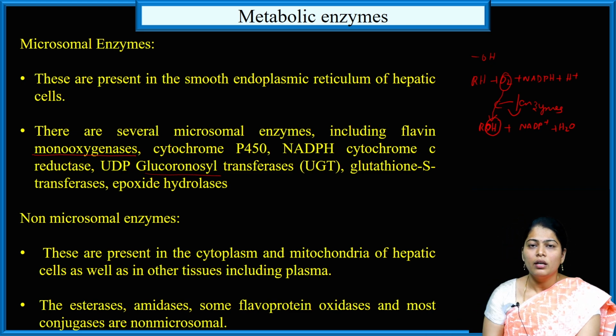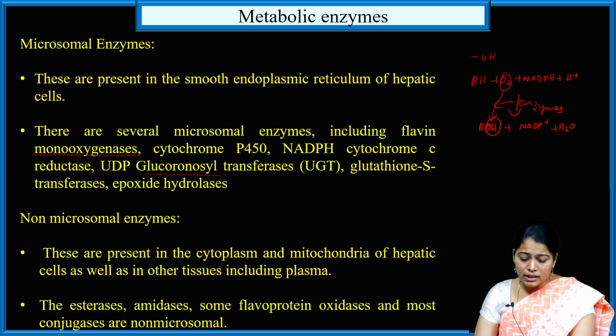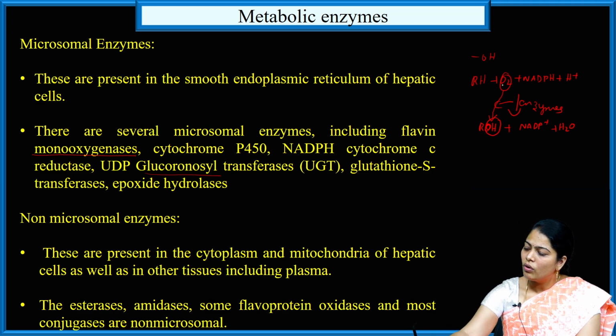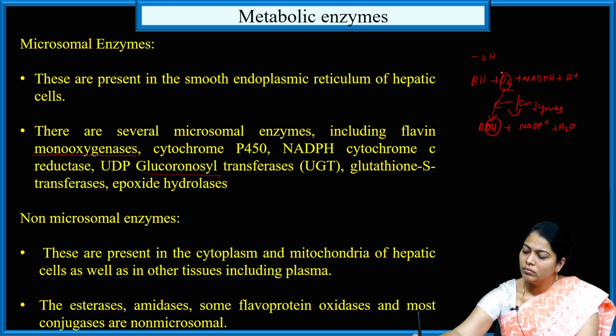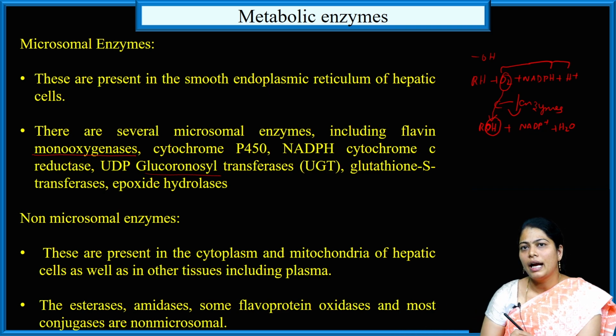That is called monooxygenases, and these are also called multifunctional oxidase enzymes, because the other oxygen atom and the hydrogen present in the NADPH and hydrogen molecule convert into a water molecule.